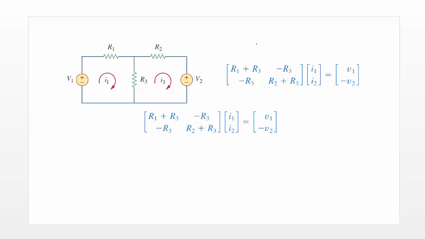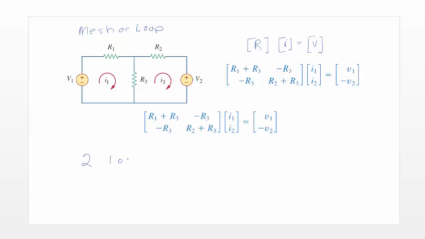So I always end up with a coefficient matrix that's resistances, a vector of my unknown currents, and a vector of my known voltages in the circuit.